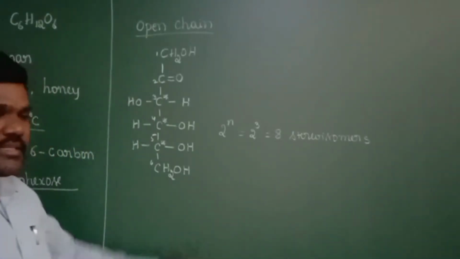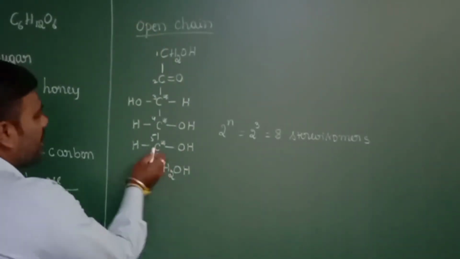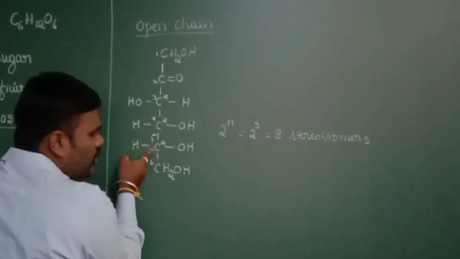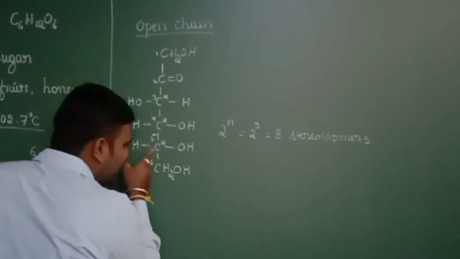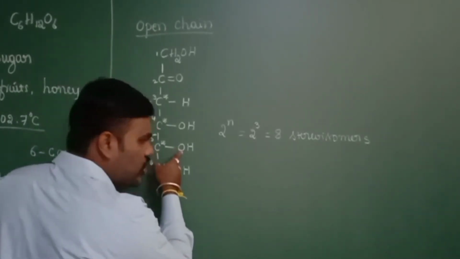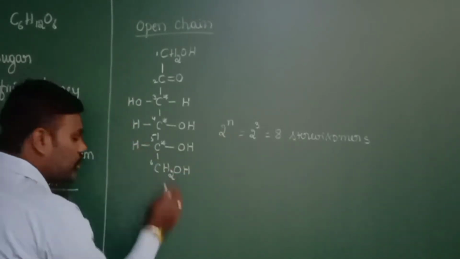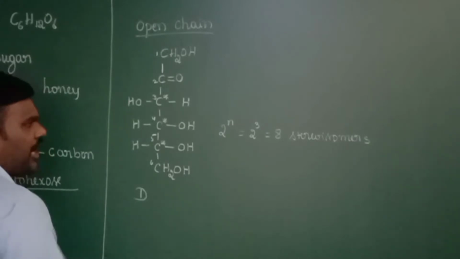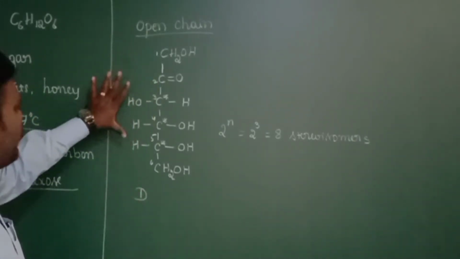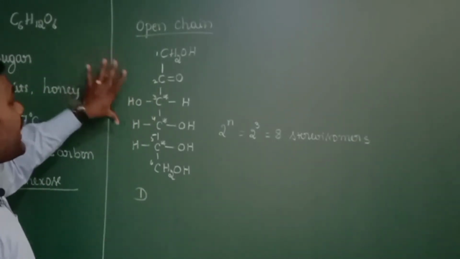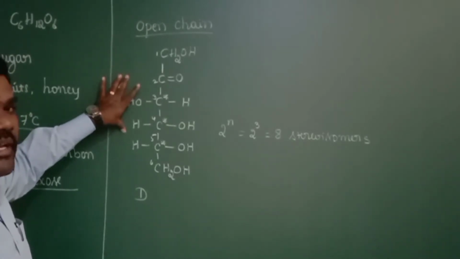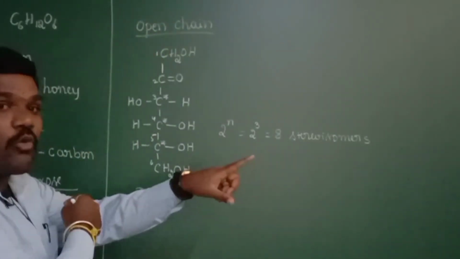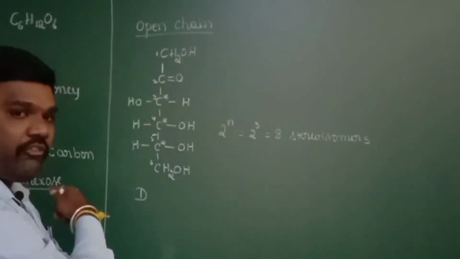And you can notice here at the 5th position, this is the most asymmetric carbon atom, and at this position the OH group is present on the right hand side. Like glucose, fructose also has D configuration. And if you pass plane polarized light through the solution of fructose, it has the capability to rotate the plane polarized light in anti-clockwise direction, that is towards the left hand side.